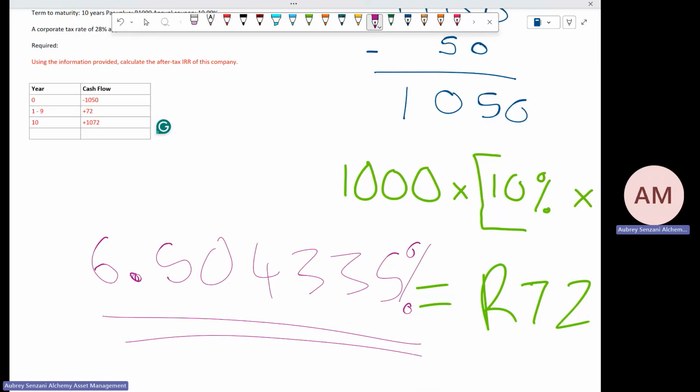So that's negative 1050 CFj, and then you put 72 manually 9 times. You have to do it manually, and I don't know if there's another way.